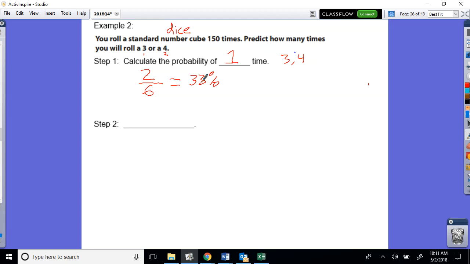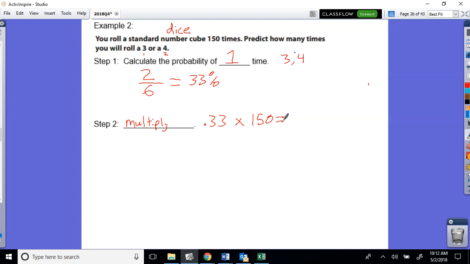Okay, step number 2, we're going to multiply. We're going to take 33%, make that into 0.33, and multiply that by 150 times to see how many times a 3 or a 4 would show up.